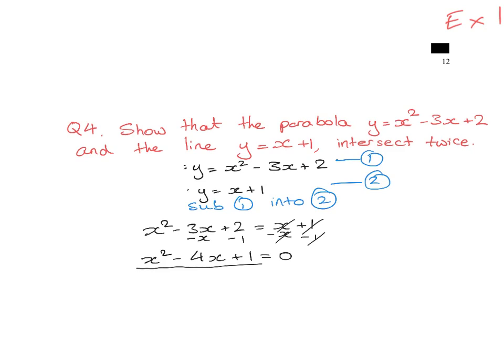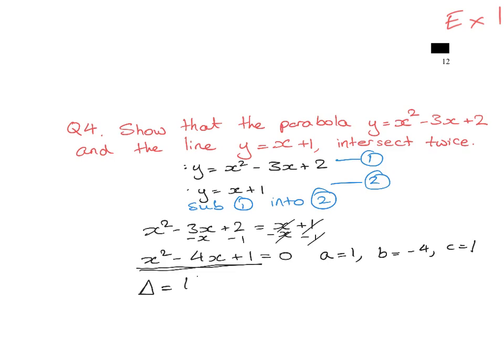Okay, so if we can show that there's 2 solutions without even solving it, we can do that. However, if that's something you don't remember, say in a test, you can always just solve the equation and show that there's 2 solutions. So basically now, by finding the discriminant, and remember, for this quadratic, a is 1, b is negative 4, and c is 1.